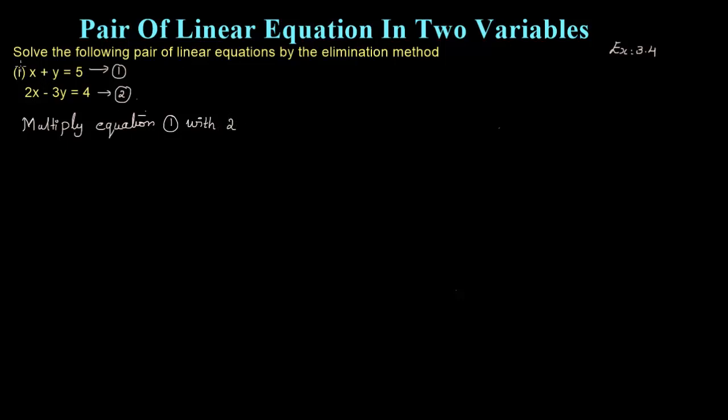You need not multiply the whole system. You just need to multiply the complete equation 1 with the number 2. This is the number 2, not the equation. I have written the equation in a circle and the number without a circle. Now if I am multiplying this equation with 2, I'll write 2 outside and write everything else as it is.